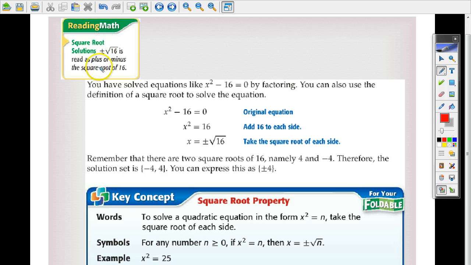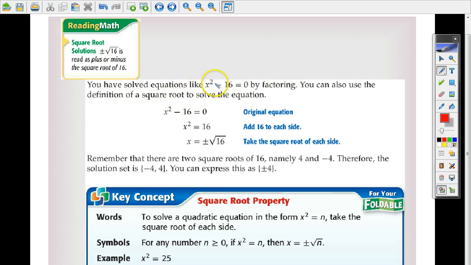All right, reading math, square root solutions. If you see something that looks like this, it's read as plus or minus the square root of 16. So there's two possibilities. It can be a positive square root of 16 or a negative square root of 16. You have solved equations like x squared minus 16 equals 0 by factoring. You can also use the definition of a square root to solve the equation.